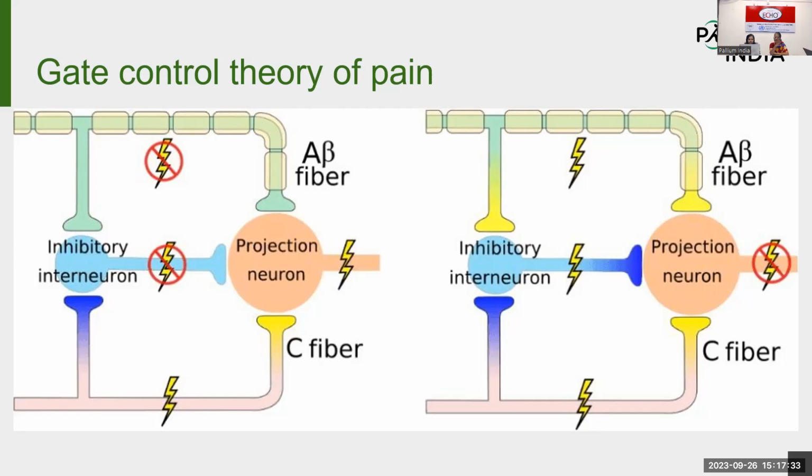Similarly, in the second picture, the C fiber pain stimulus is there. But when you rub, the large fibers are stimulated. The large fibers are the A beta fibers. When the A beta fiber is stimulated, that inhibitory pathway is stimulated, so you don't perceive the pain.